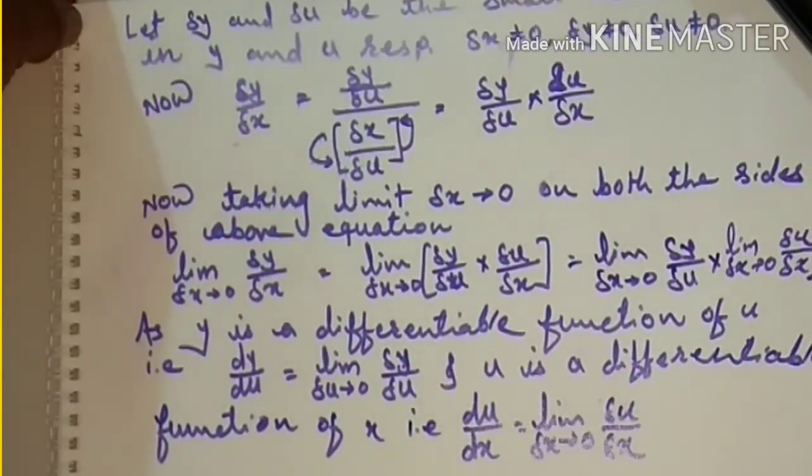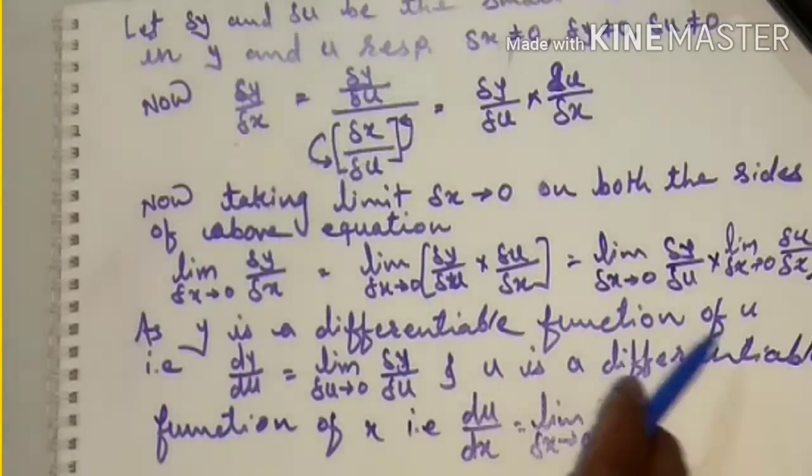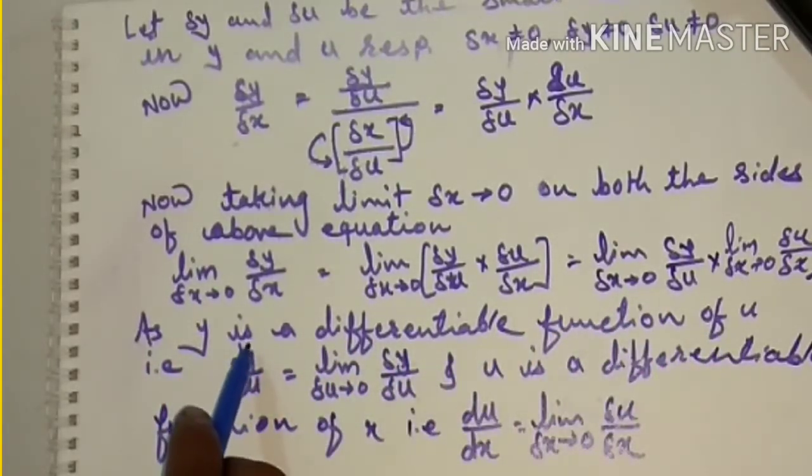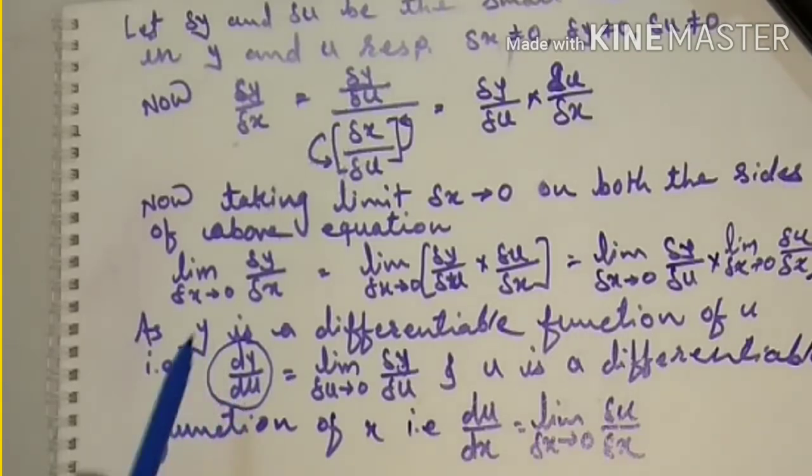What I have done is taken the limit on both sides, as it is given to us that y is a differentiable function of u. That's why we can find the derivative of y with respect to u by the definition of differentiation. As y is given in u, y is differentiable with respect to u. That's why dy by du is equal to limit delta u tends to 0, delta y by delta u.